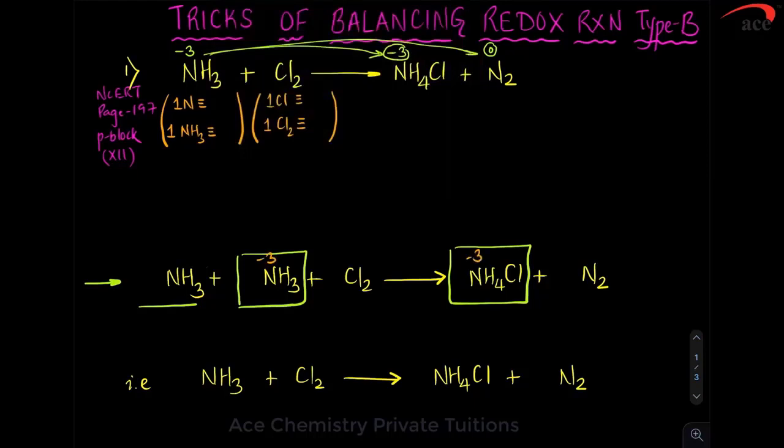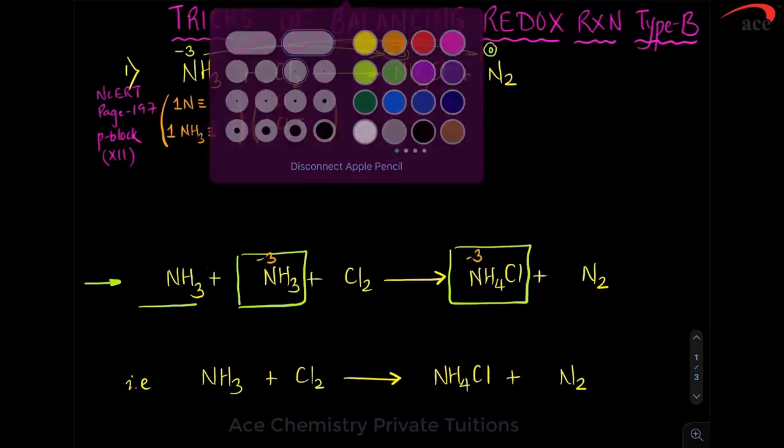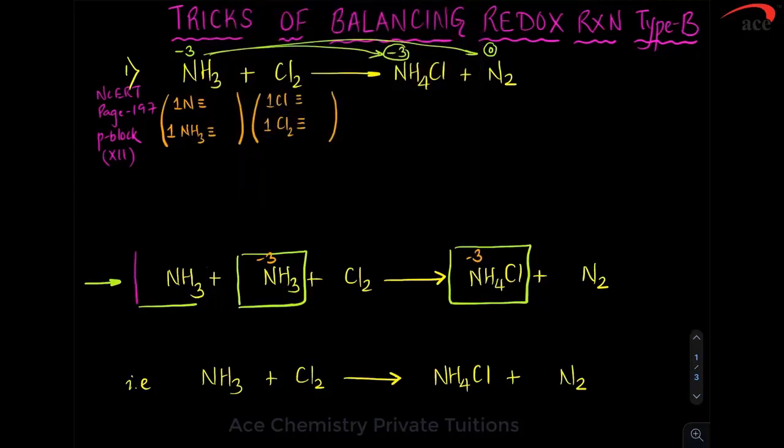This is the same. And the balancing of this ammonia will be associated with this nitrogen's balancing. So the nitrogen oxidation state is -3 and 0. So remember, the balancing of the pink colored box substance and the pink colored box substance at this place are associated with each other.